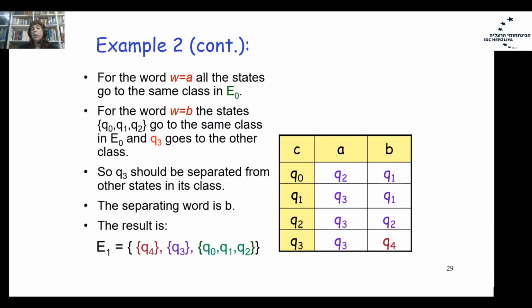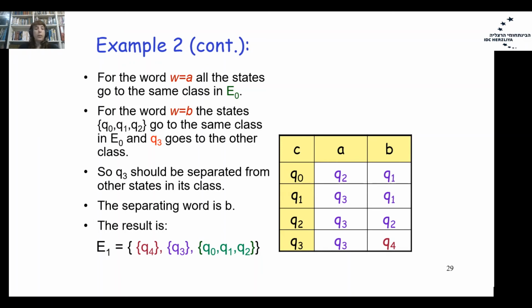For the word W that equals A, all the states go to the same class in E0. For the word W that equals B, Q3 goes to the other class. That's why we can now separate Q3. And now E1 equals the set with Q4, the set with the state Q3, and the set with the states Q0, Q1, Q2.